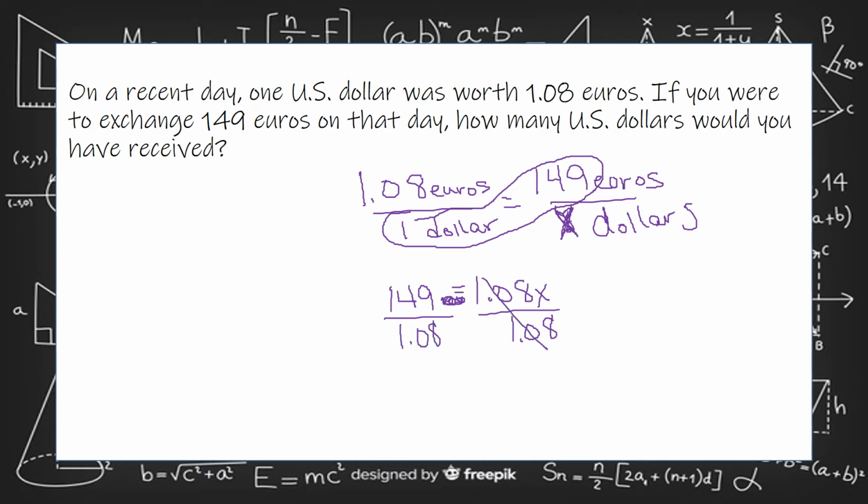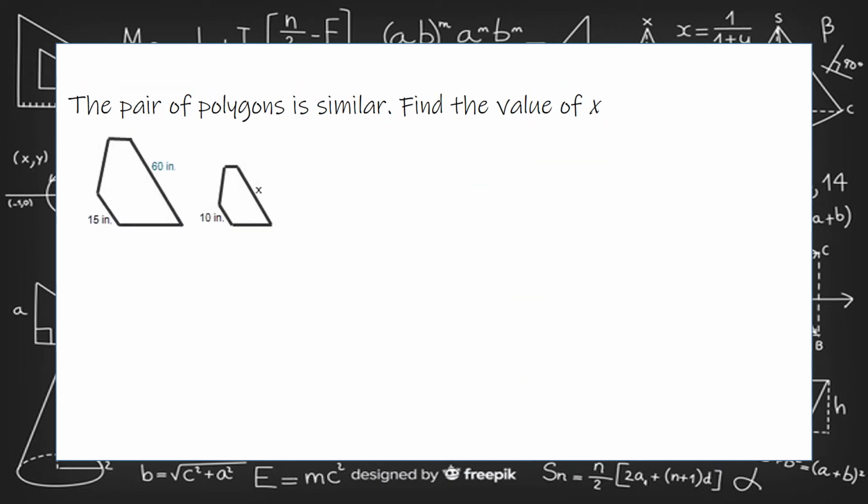So 149 divided by 1.08 would give us 137.96.